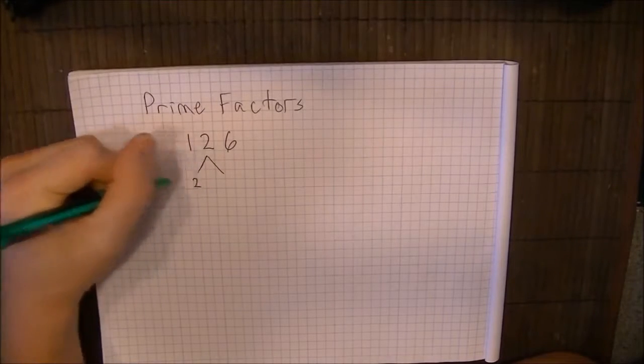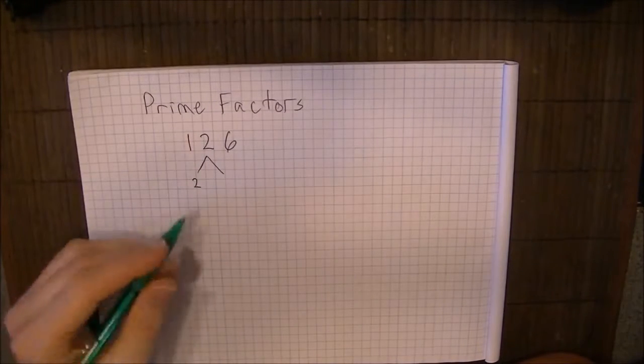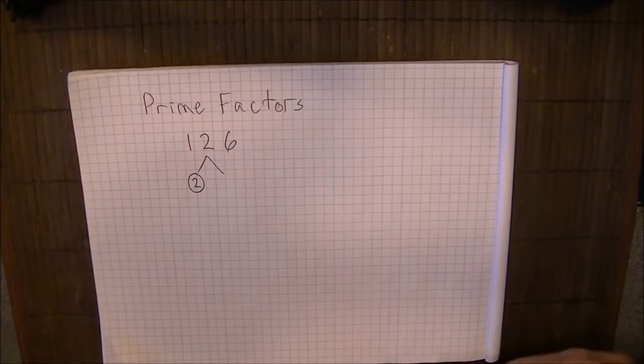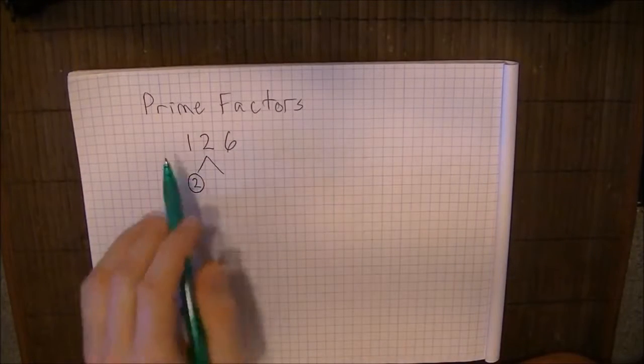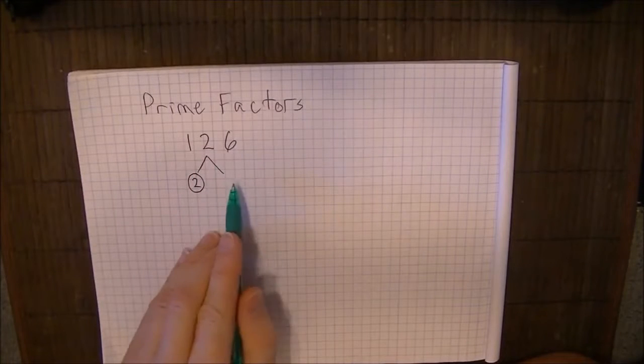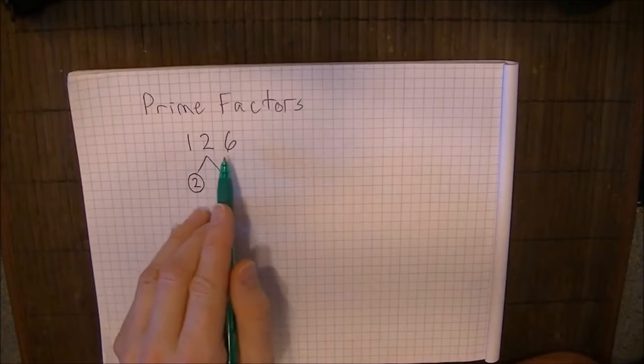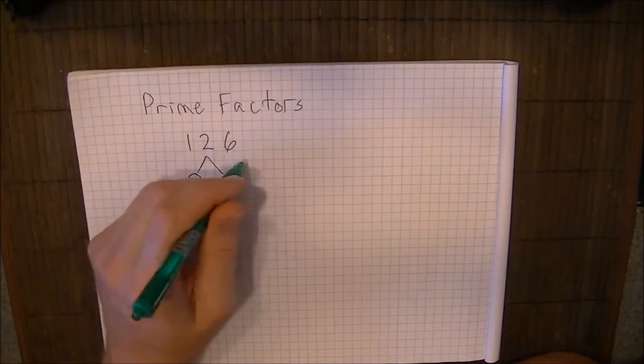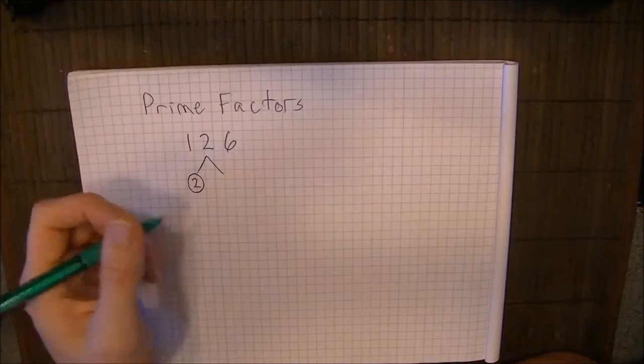Well, I'm going to write sort of a tree diagram is the idea. 2 is prime, so I'm going to circle it, and then 2 times what is 126? Well, let's see. 6 divided by 2 is 3, 12 divided by 2 is 6, so this is 120, that's 12 tens, dividing that by 2 is 60, right?